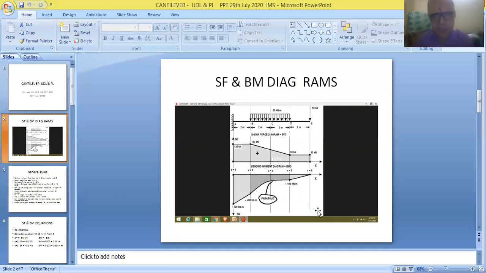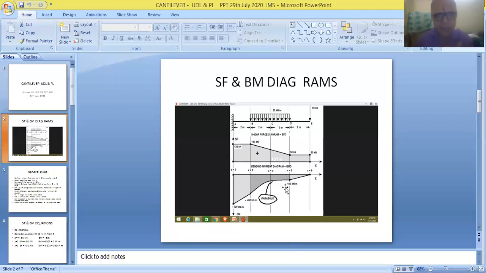And similarly, in the case of bending moment diagram, the variations will be linear in the case of point loads, and the variations will be in the form of a parabola in the case of uniformly distributed loads. So this is called a straight line, this is called a linear line, and again this is called a straight line.